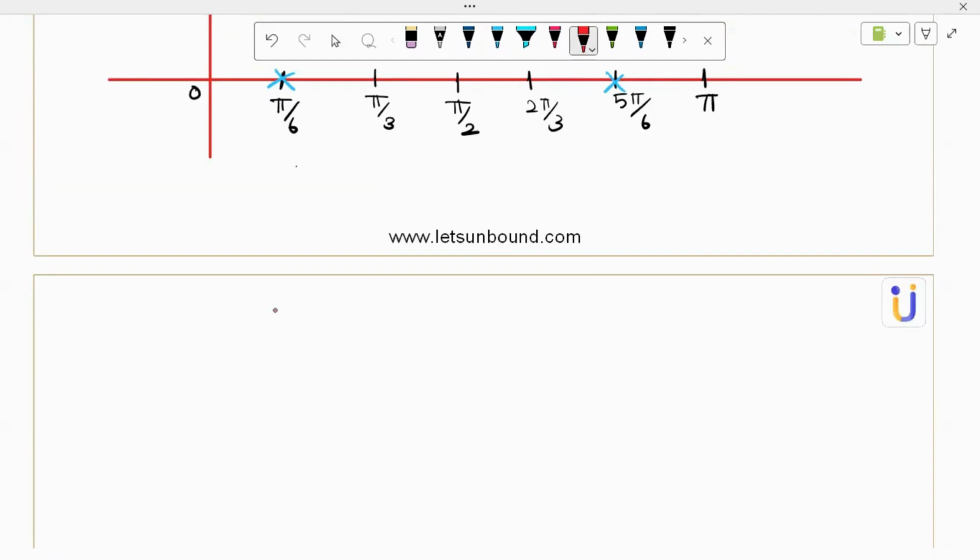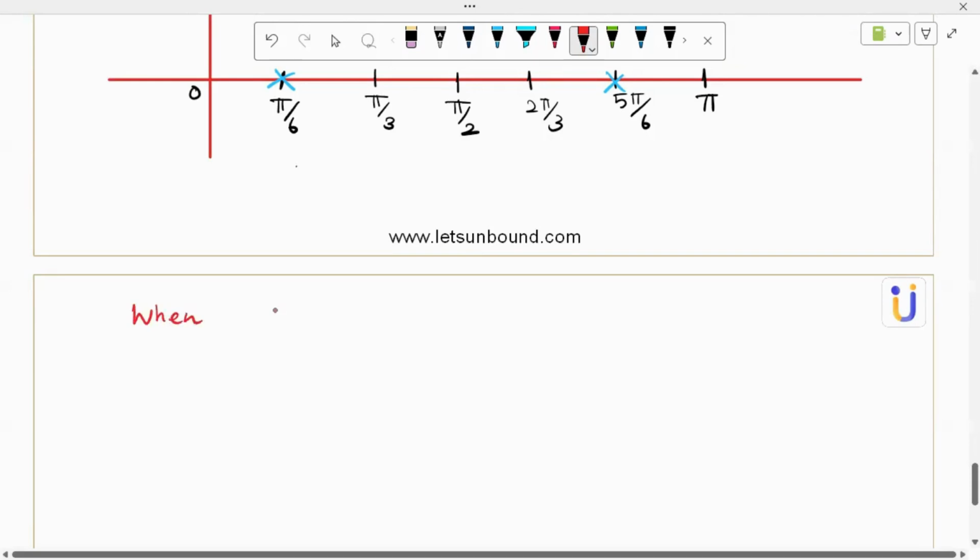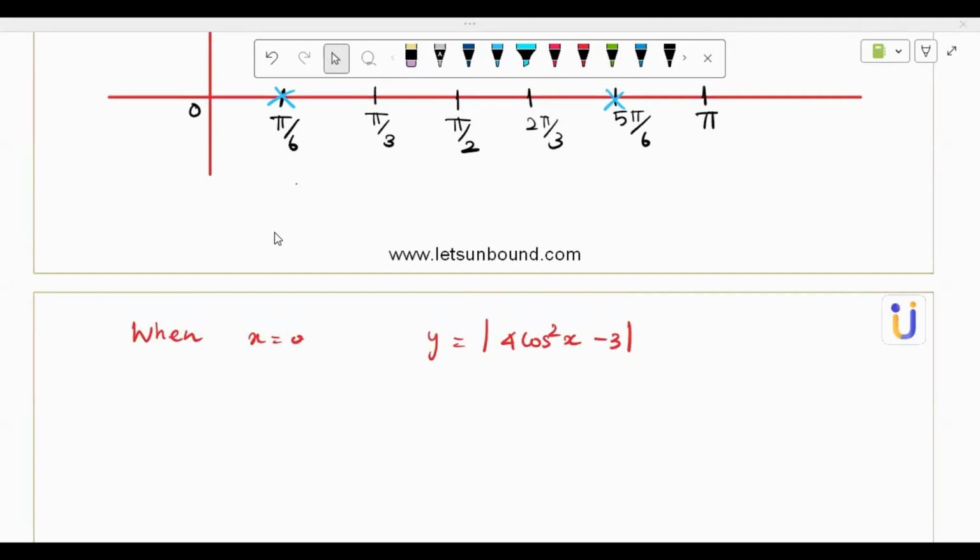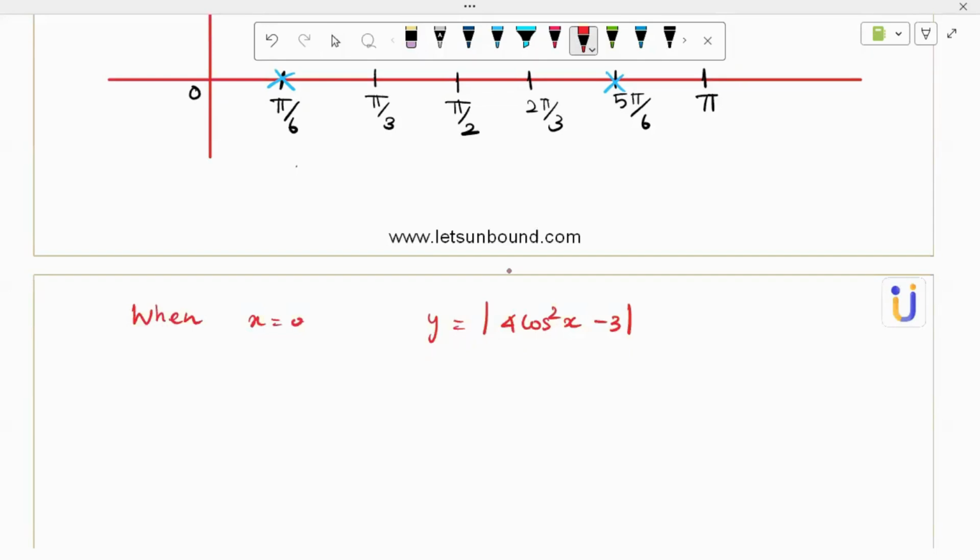X is equal to pi by 6 and 5 pi by 6. I know when x is 0, what is your y? Y is modulus of 4 cos square x minus 3. Don't miss it out. And we can just substitute and check those values. 4 cos square 0 minus 3.